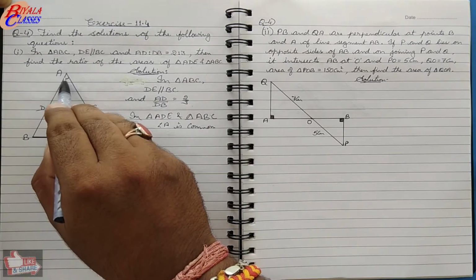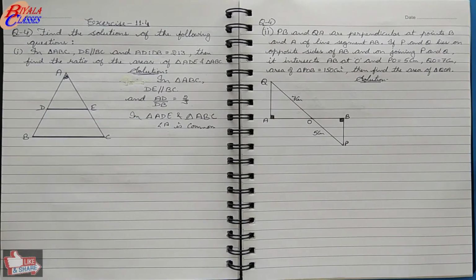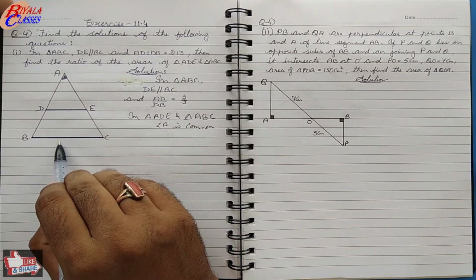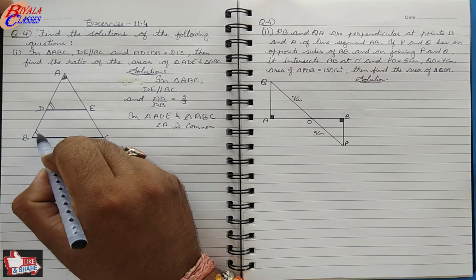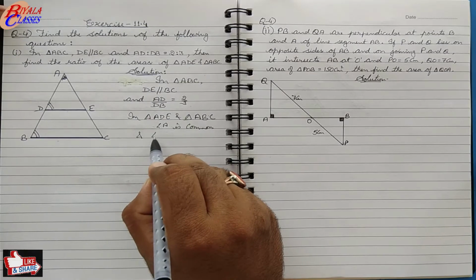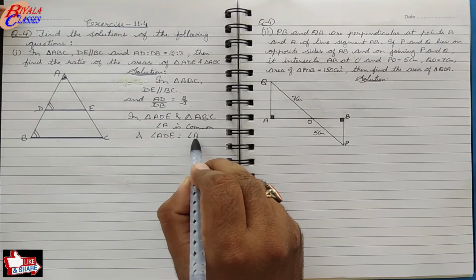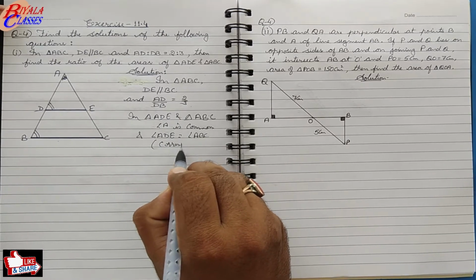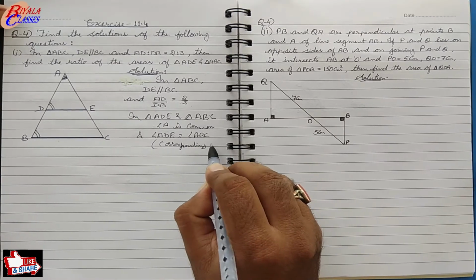Reason being, it is a common angle between both the triangles, as well as we are given DE parallel to BC. Therefore, this angle ADE and angle ABC will also be equal. Angle ADE is equal to angle ABC. They are the corresponding angles.